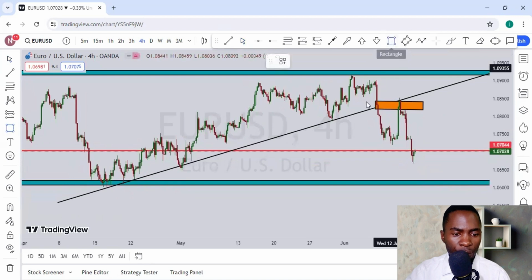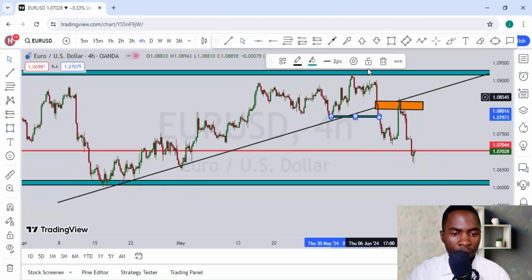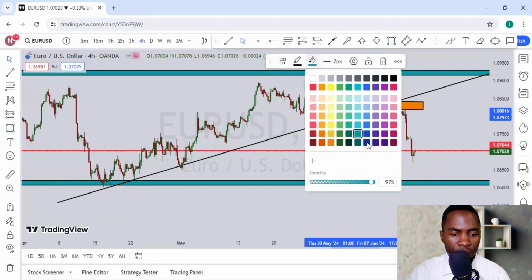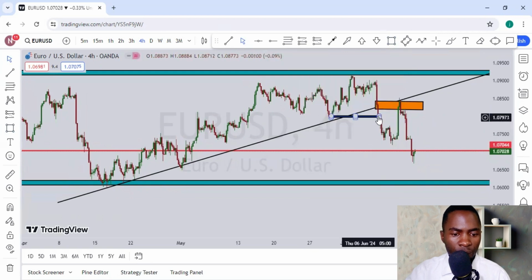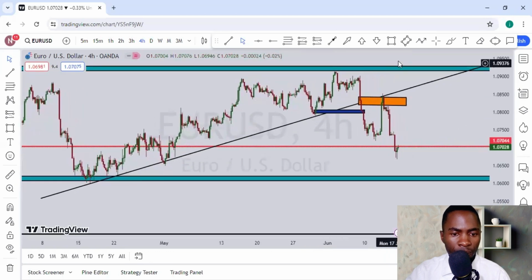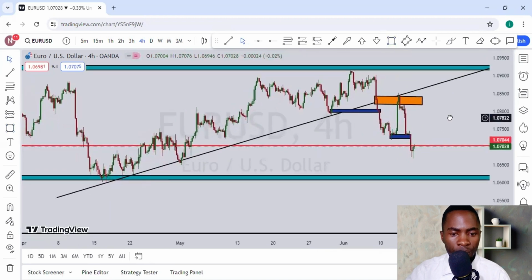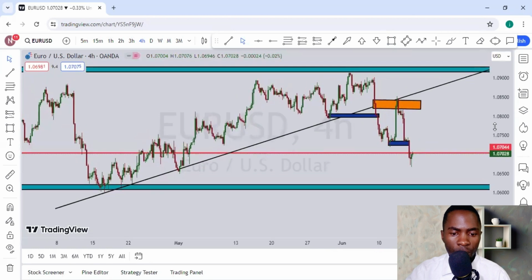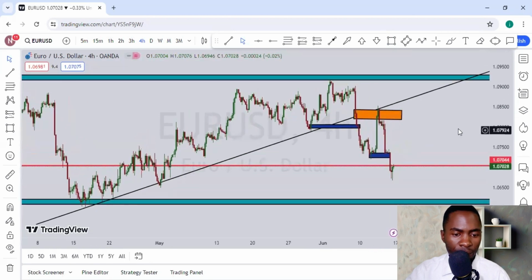Also, before that, you can see we have a change of direction around this place. We have a change of direction here. And also the market broke this low. Okay, that was some of the important things that I had to draw.